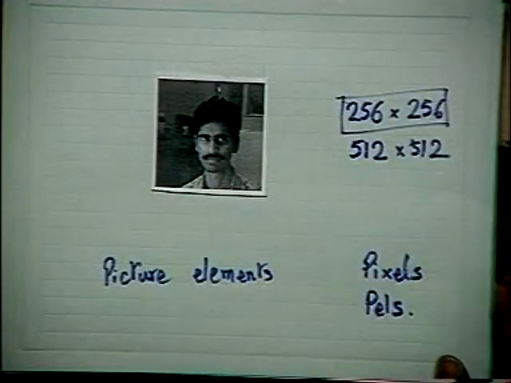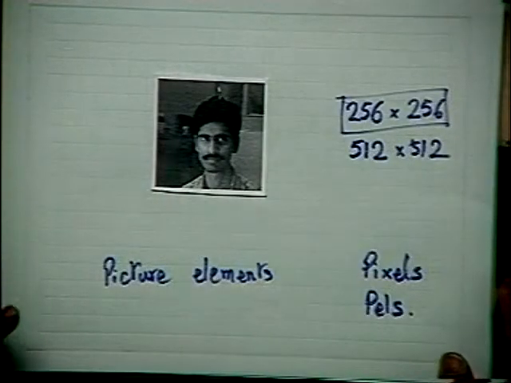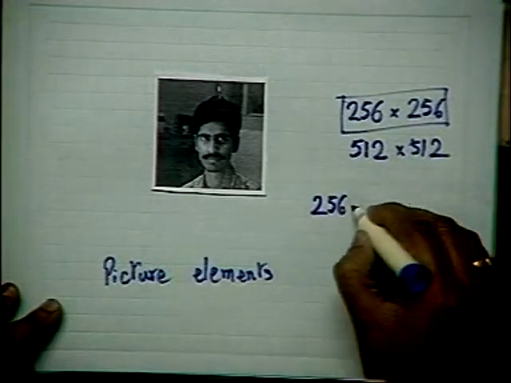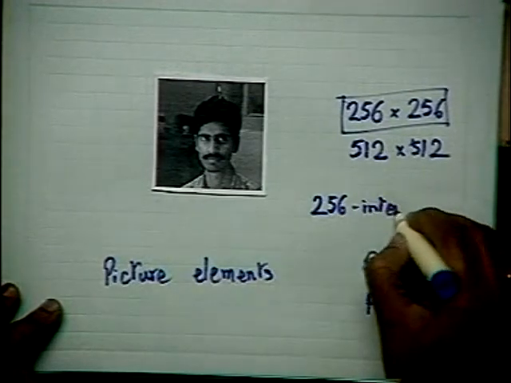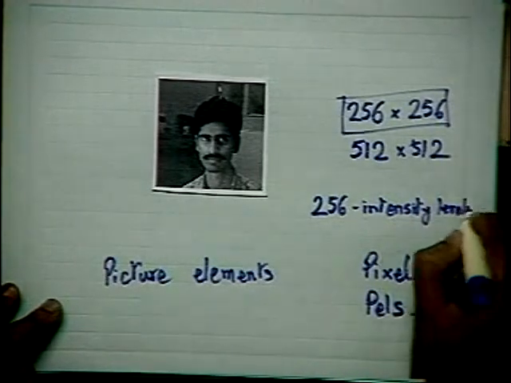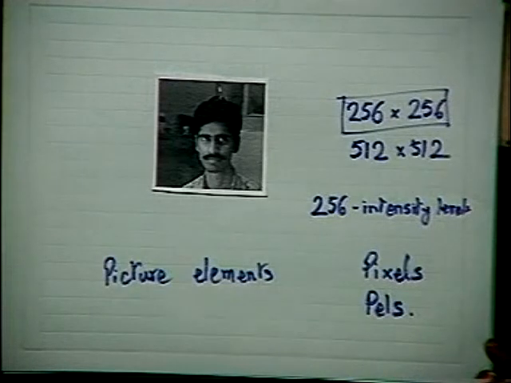It is found that for an image of the quality we normally deal with, we require at least 256 intensity levels. If you have more than 256 intensity levels, it is good.